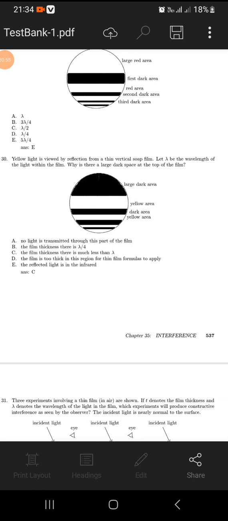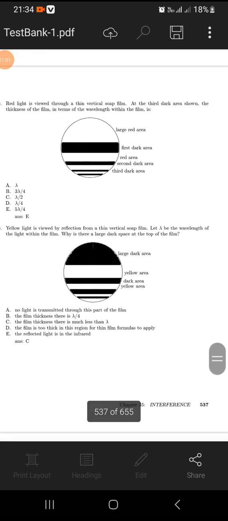The film thickness there is much less than the wavelength. 5 lambda over 4. 1, 2, 3, 4. 1, 2, 3, 4, 5. It's 5 lambda over 4.